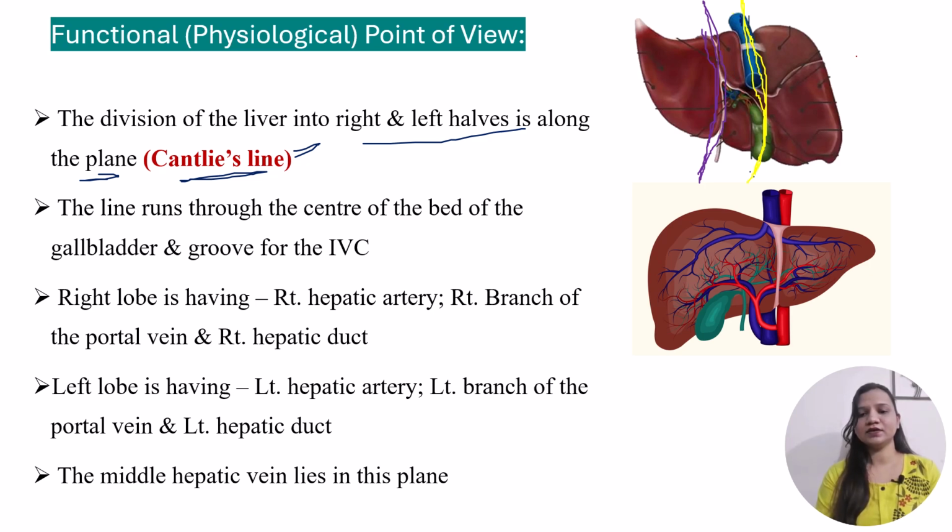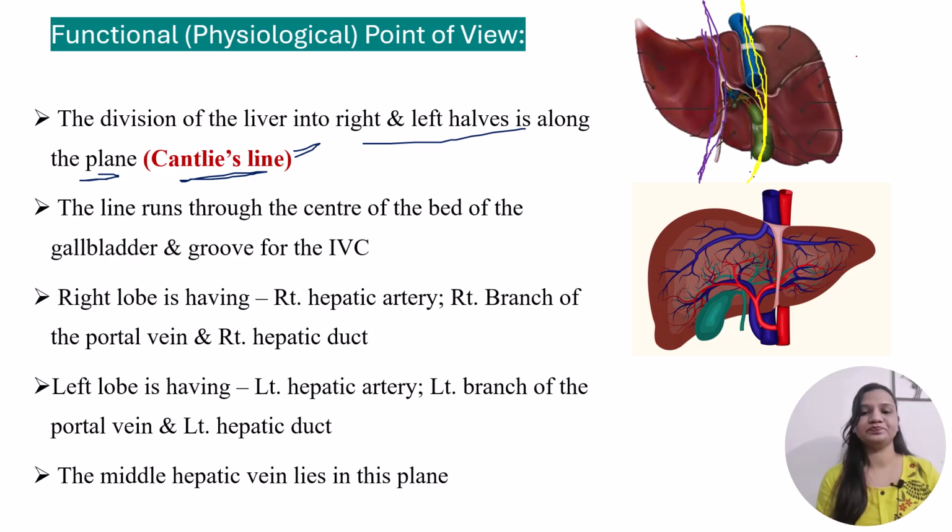So the liver is divided into two halves, and the division is clearly based on the intrahepatic distribution of the hepatic artery, portal vein and hepatic duct. The way the hepatic artery, portal vein and hepatic duct are arranged inside the liver determines this functional division.